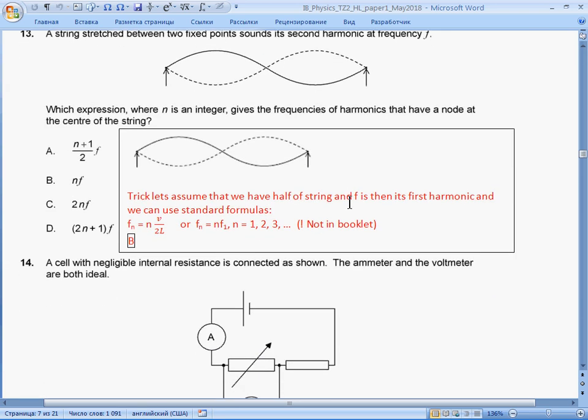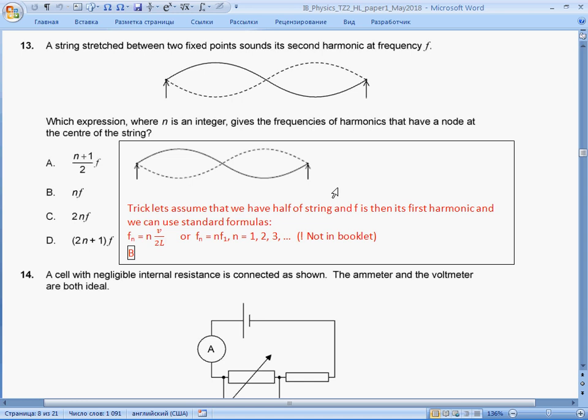Question 13. A string stretched between two fixed points sounds its second harmonic at frequency F. So the second harmonic is shown here. The first harmonic will be from here to here. Which expression, where n is an integer, gives the frequency of harmonics that have a node at the center of the string?